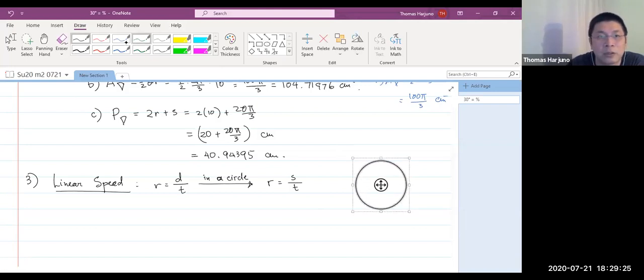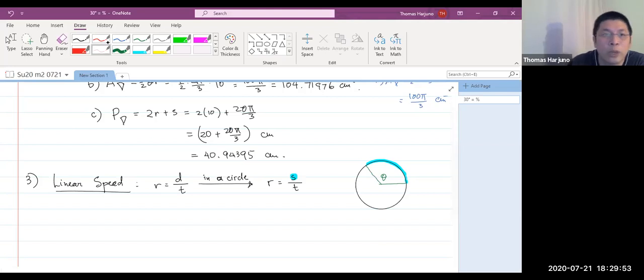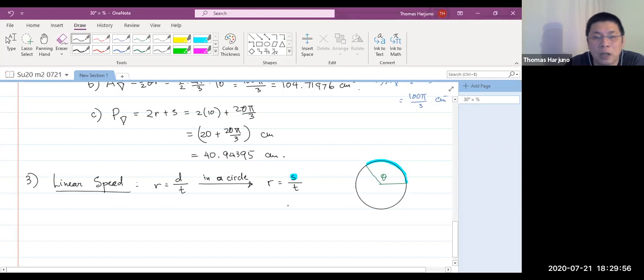So basically, if you have a circle, and this is theta here, the linear speed is the distance you travel over a period of time, and the distance here refers to the length around the circle that you travel. But we know from the first part that the arc length is theta times r, the radius.